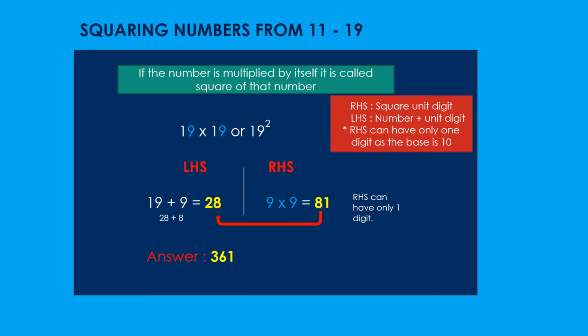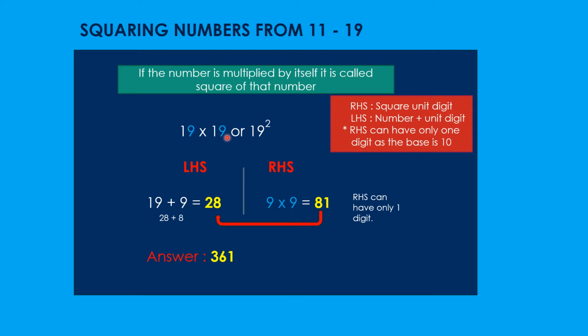One more example, 19 times 19 or 19 square. Again you get your answer in two parts, LHS and RHS. At LHS you add the number with the unit digit of the number. The number is 19, plus what digit is at the unit place? 9. 19 plus 9 is 28. At RHS, you square the unit digit.